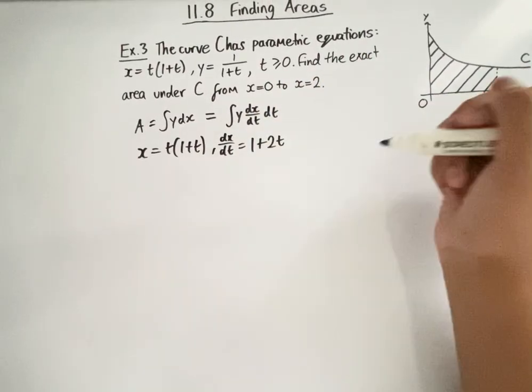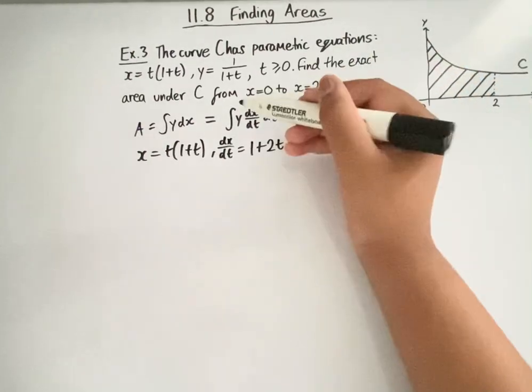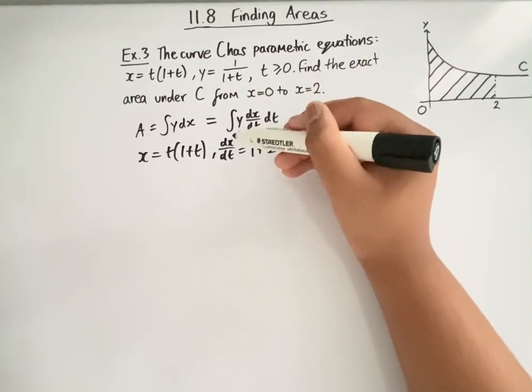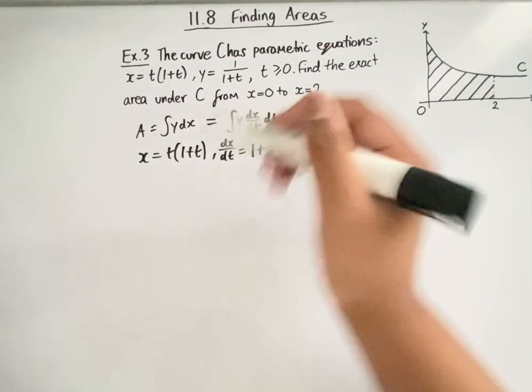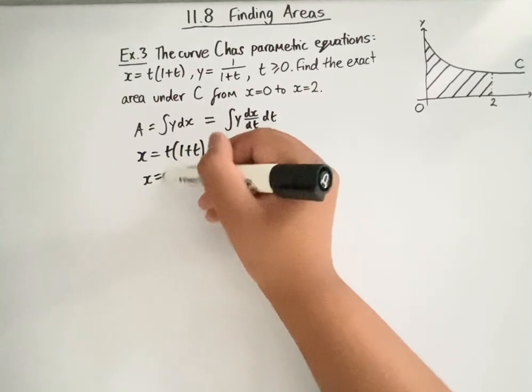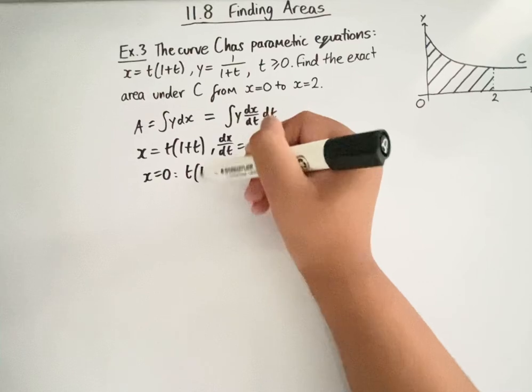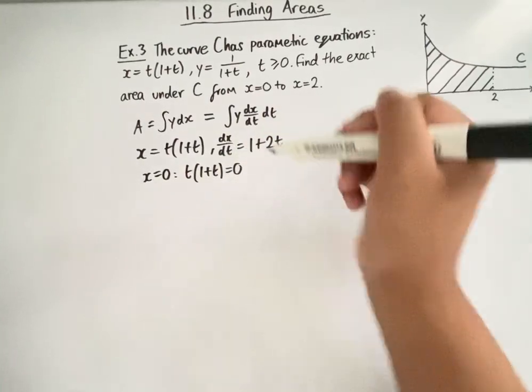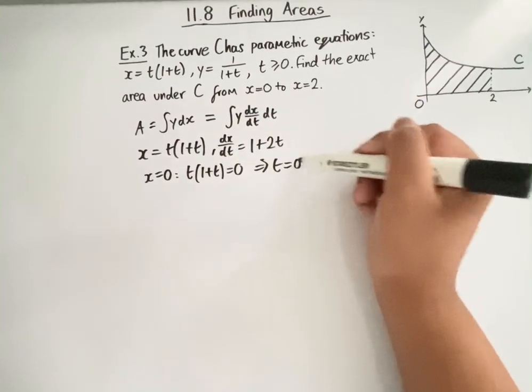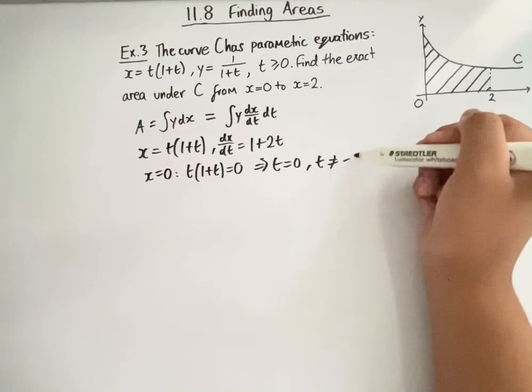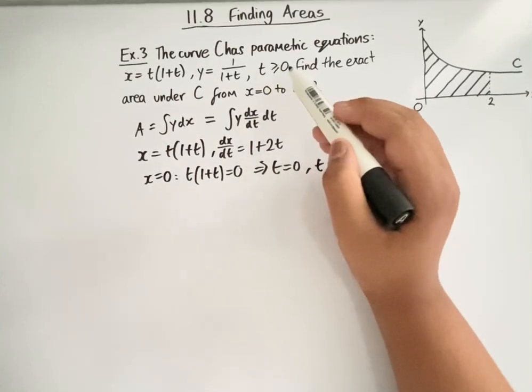We need to adjust the limits so that, instead of in terms of x from 2 to 0, we have them in terms of t. So when x is equal to 0, that means t multiplied by (1 plus t) will be equal to 0. And this means that t is equal to 0, as t cannot be equal to negative 1, as t has to be bigger than or equal to 0.